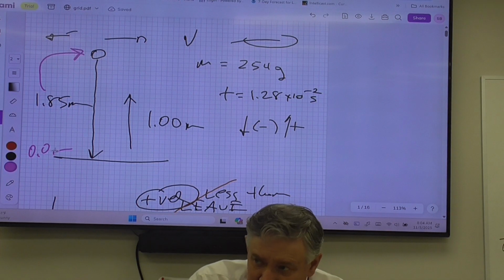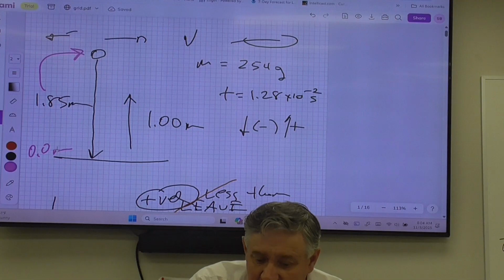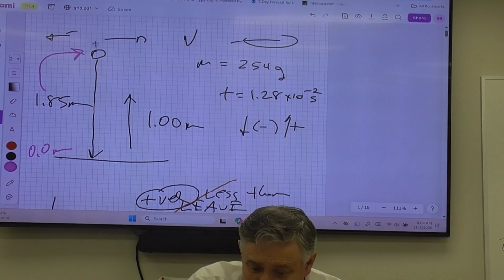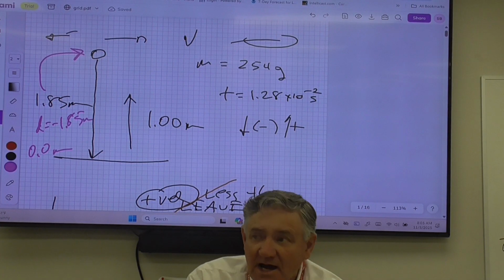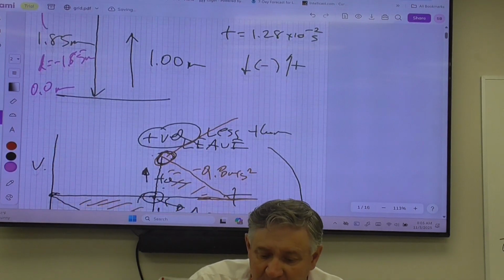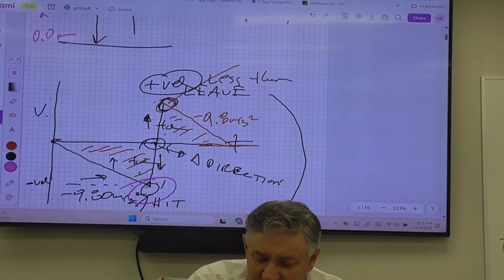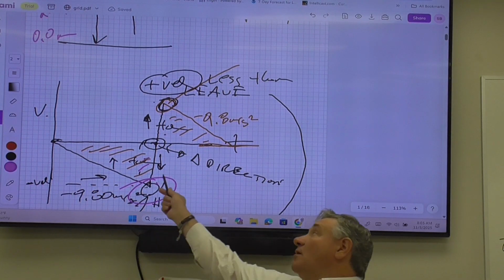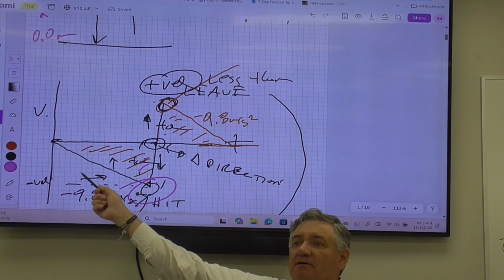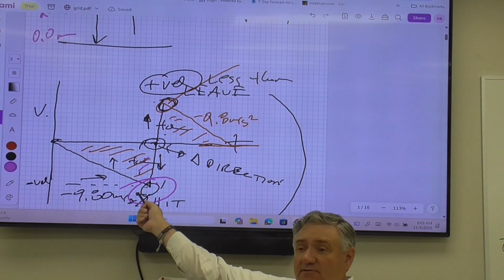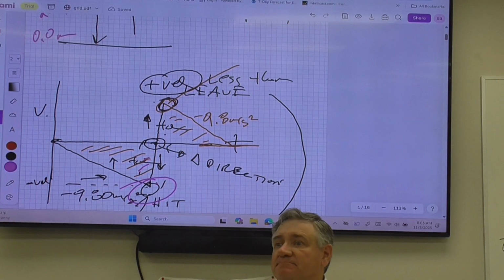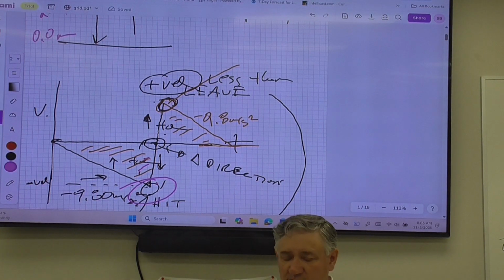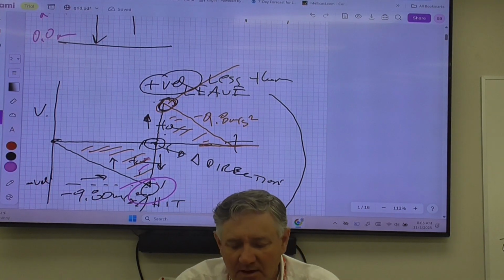So since my final position is 0, and my initial position is 1.85, my displacement is negative 1.85 meters. That's important because that negative displacement matches our velocity time graph, because we have a negative area, because we have negative velocity multiplied by time.